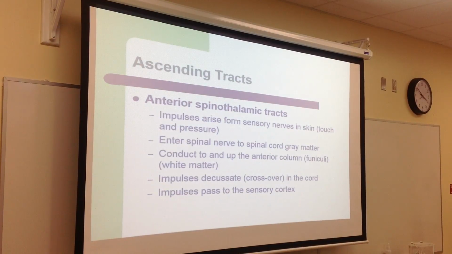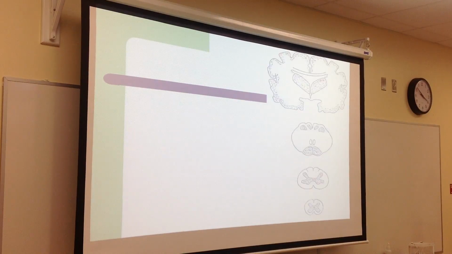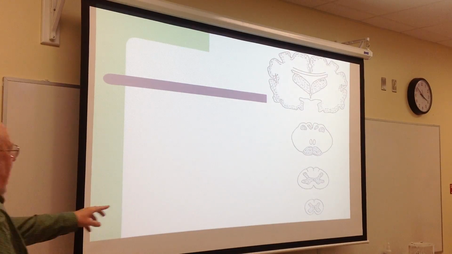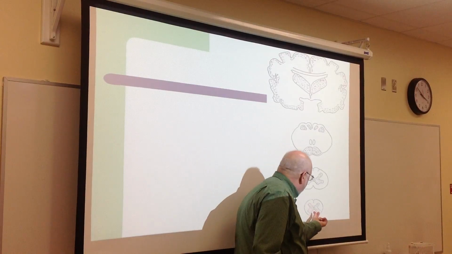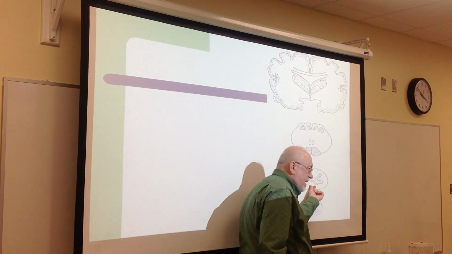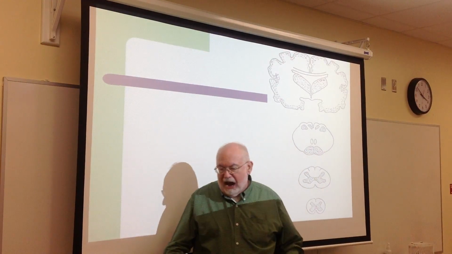Now, anterior refers to the part of the cord through which it either goes up or down. Now, if we're calling it anterior, where is it traveling in the cord? It's going to be traveling in the anterior part. So like here or here, right? All right.